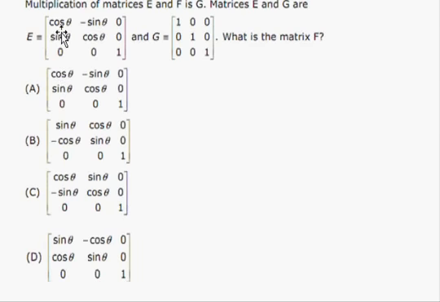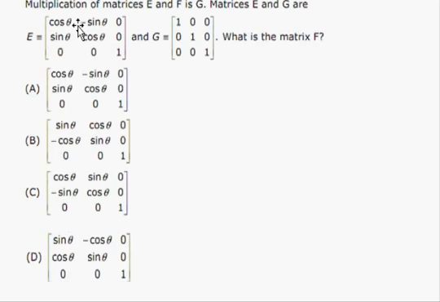Since cos square x plus sin square x should be 1, and here is a minus sign, so it should be plus. First is cos, second is minus sin, so cos, minus sin and 0.